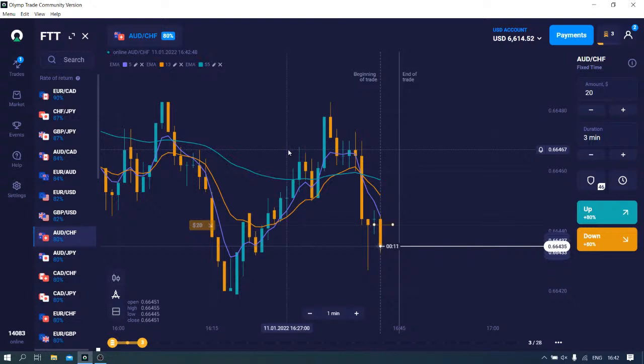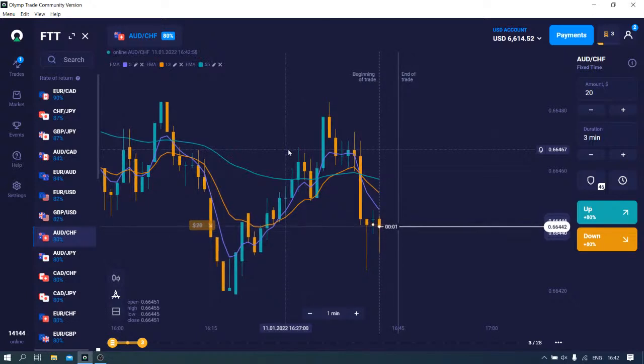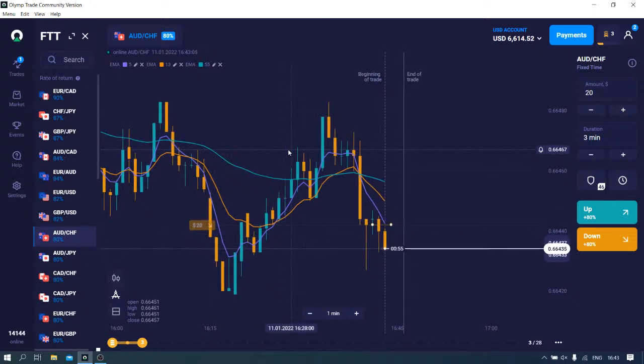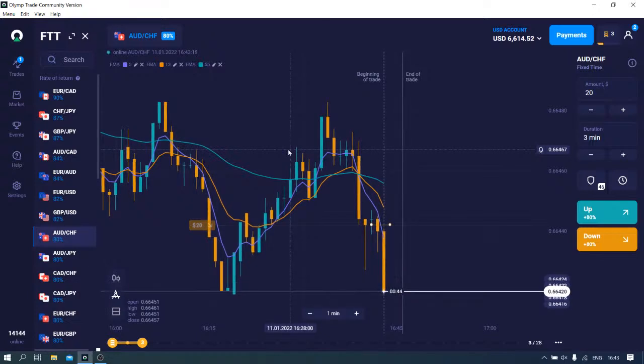But first of all, you have to understand how a certain strategy works. All right, so it seems that Australian dollar against the Swiss franc is pretty volatile. Still, it may move either above or below the point where I opened my trade. So still there is a risk of making an unsuccessful trade.